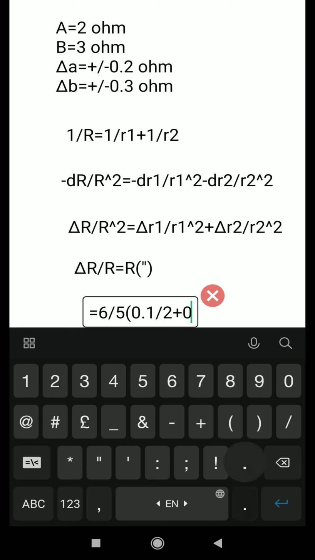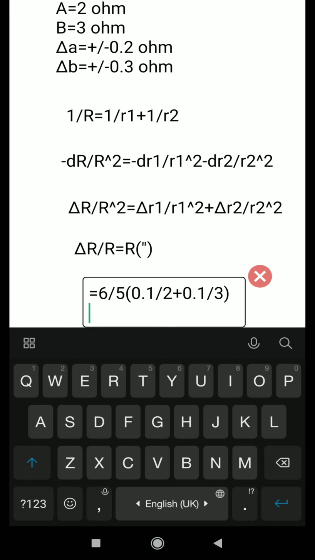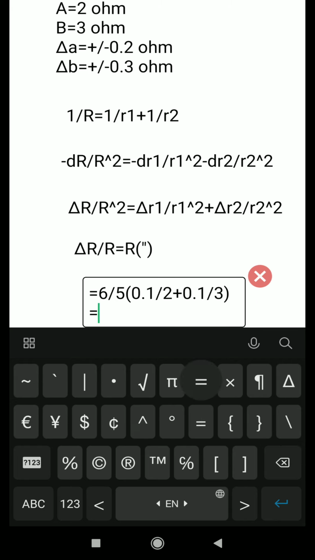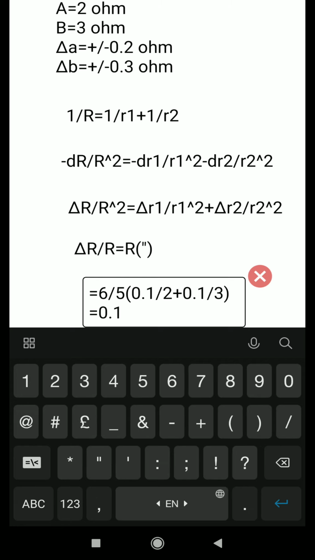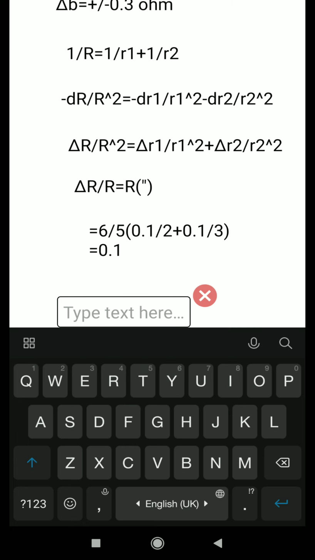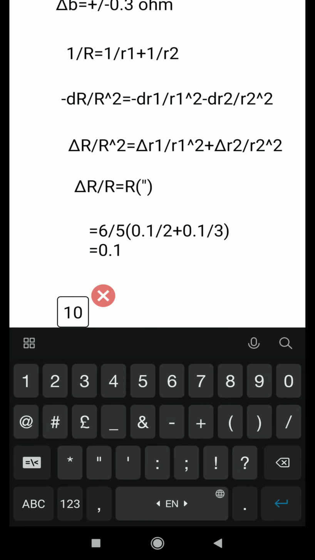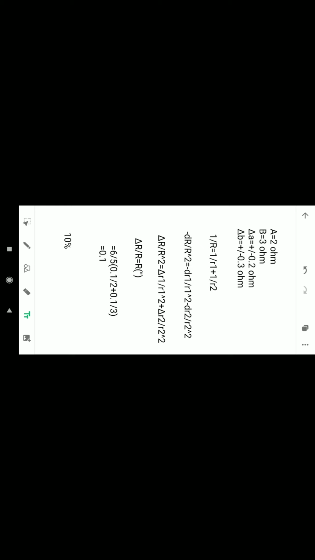Clear? So this equals 0.1. So the percentage error is 0.1 into 100, that is 10%. Clear?